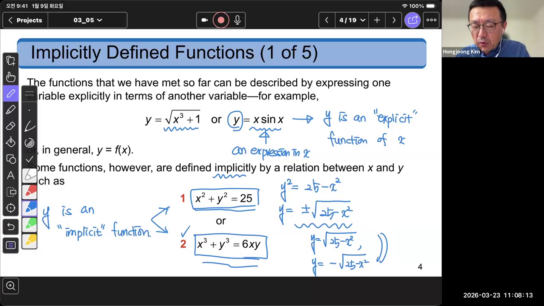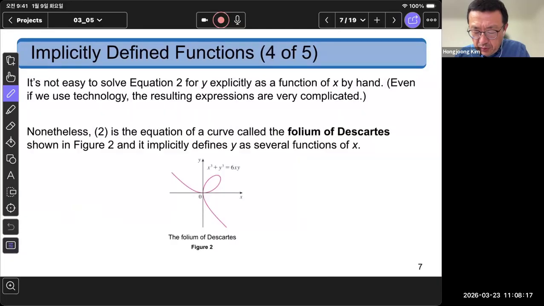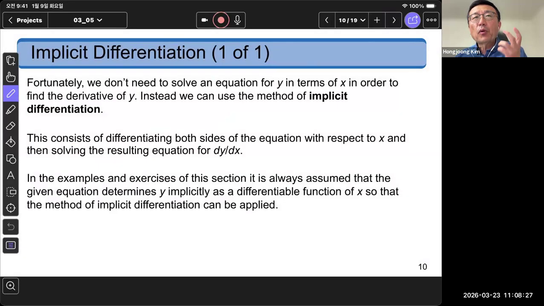So when you differentiate this, let me skip this. We will go back to this figure 2 later, but I don't want to bother you with this. So the point is, we don't need to solve an equation for y in terms of x in order to find the derivative.